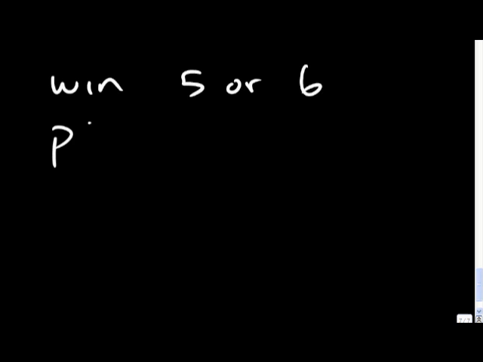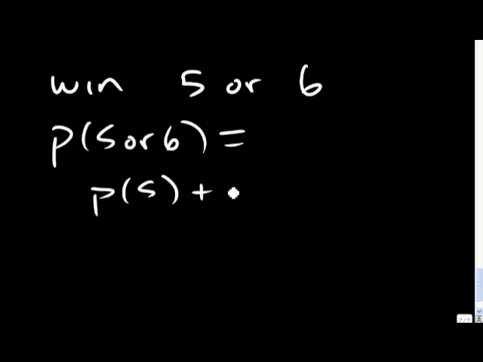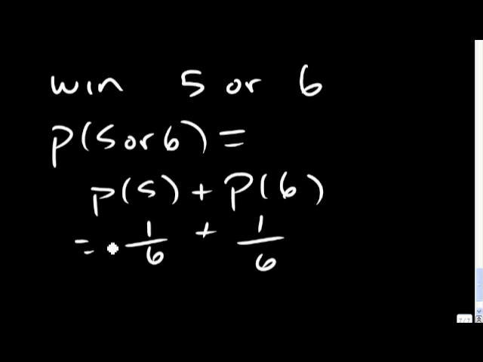So the probability of rolling a 5 or a 6 by the addition rule is the probability of rolling a 5 plus the probability of rolling a 6. We know that's 1/6 plus 1/6, which is going to give us 2/6. And that reduces to 1/3.